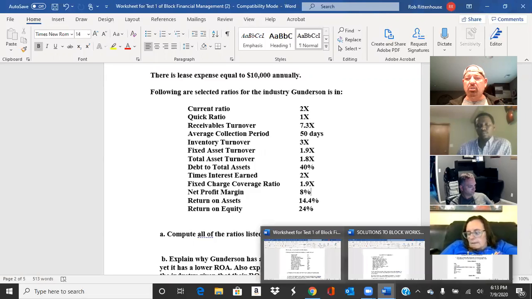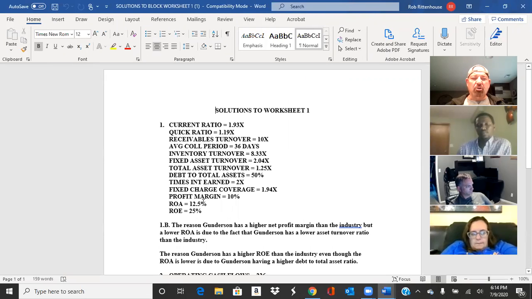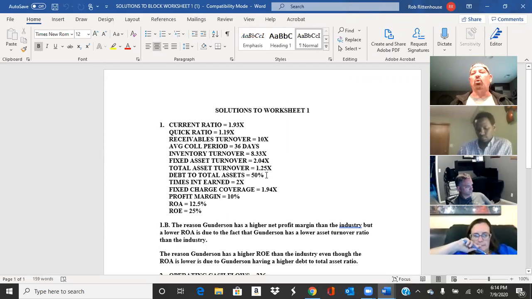So in our case here, if you took the return on assets of 12.5%, divided that by 1 minus the debt to asset ratio of 50%, well, 1 minus that tells us that equity finances the other 50% of our assets. So 50% are financed with debt. 1 minus that means 50% are also financed with equity. So when you divide 12.5% by 1 minus 50% or 0.50, you're going to get a return on equity of 25%.